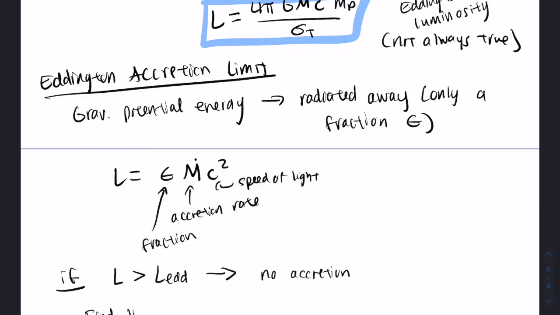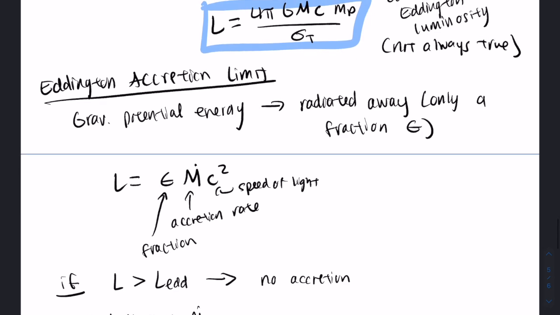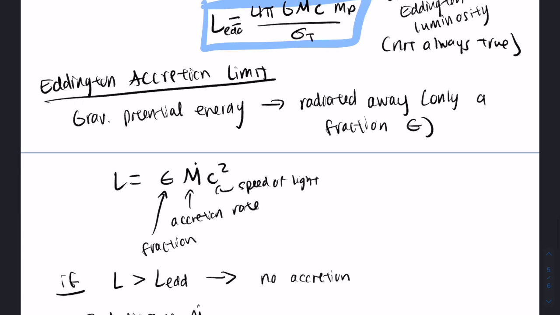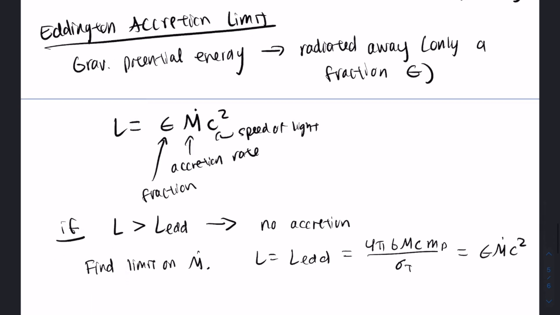You can find a limit on what mass accretion rate is allowable using this expression for the luminosity due to accretion and the Eddington luminosity that we defined above. We'll say that the limit on the mass accretion rate is when these two luminosities are equal. So our expression from before, assuming the form that only pays attention to Thomson scattering, equals our accretion luminosity.